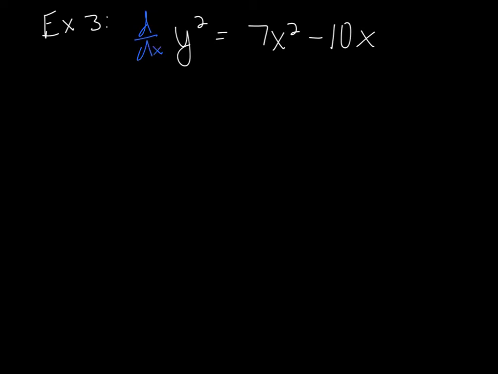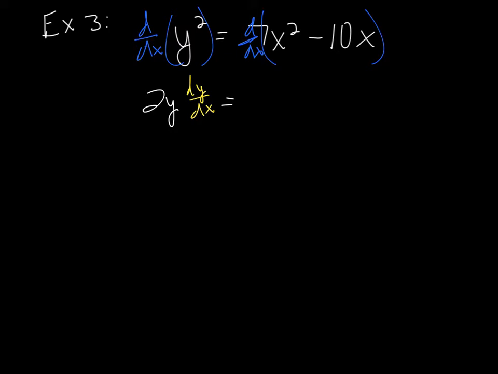So take the derivative of both sides with respect to x, and let's see what we get. So on the left-hand side, I'm going to get 2y times, well, I was going to move faster, but I'm going to get my colors, times dy dx is equal to, on the right-hand side, again, I do not have a product here, good thing, so I've just got two functions that are being subtracted, so I can take the derivative of both separately.